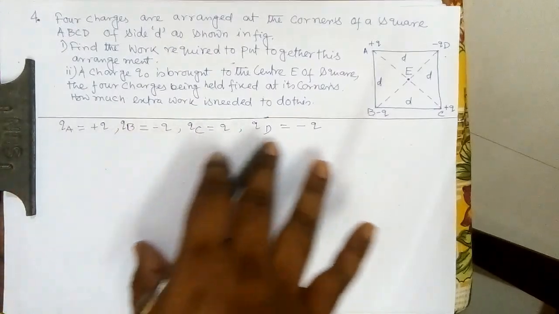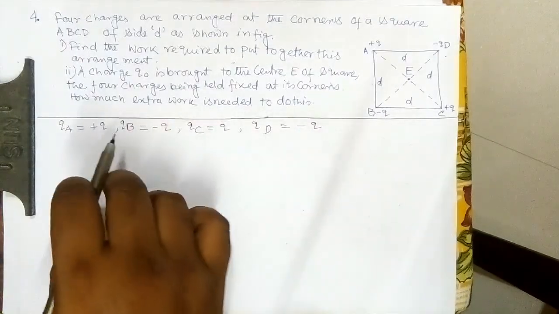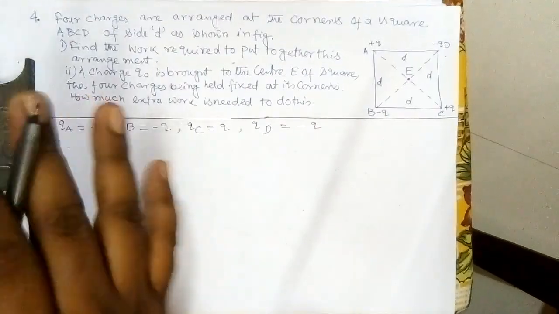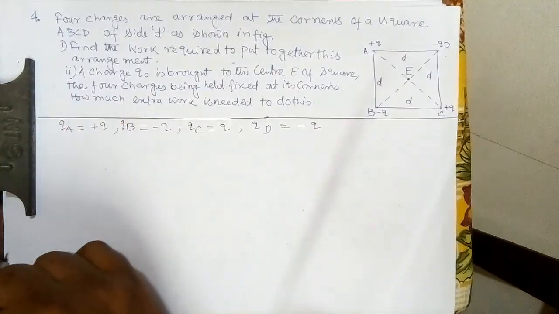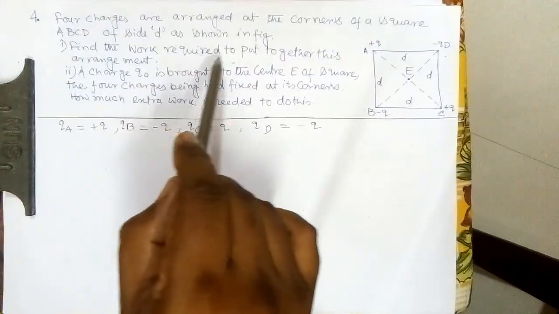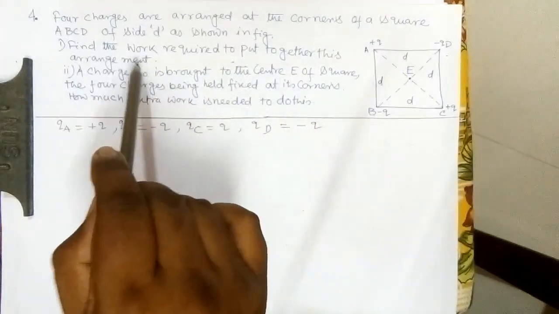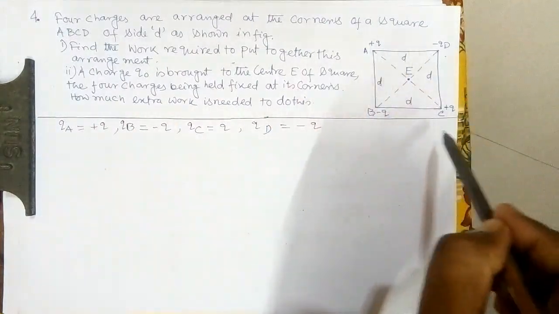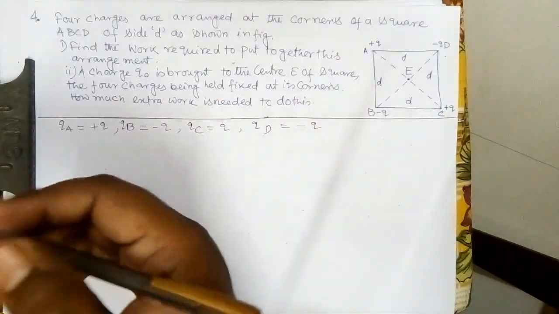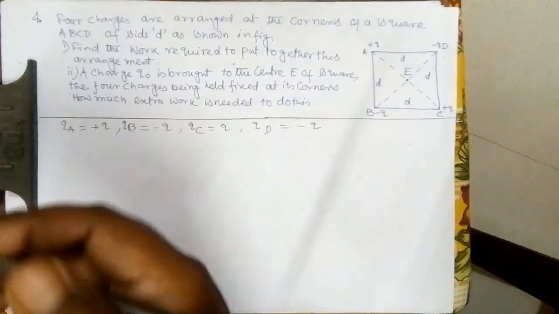First we have to name the charges, because otherwise the plus and minus will be mixed and we can make some mistake. The question asks to find the work required to put together this arrangement, that is, how much energy is needed, or how much work we have to do, to make that charge arrangement.